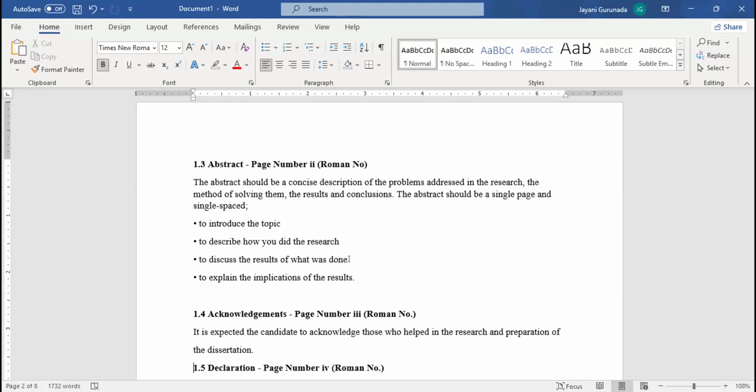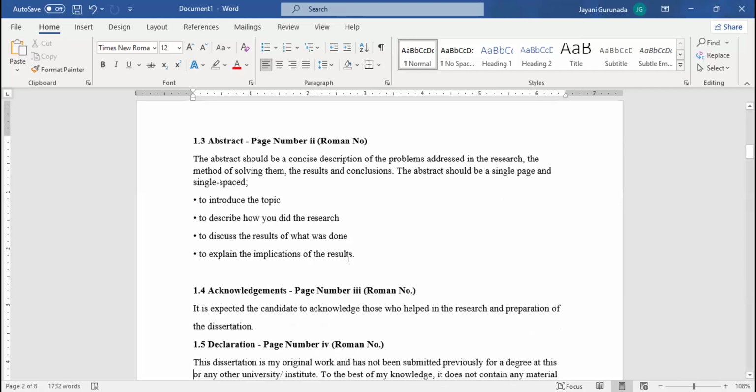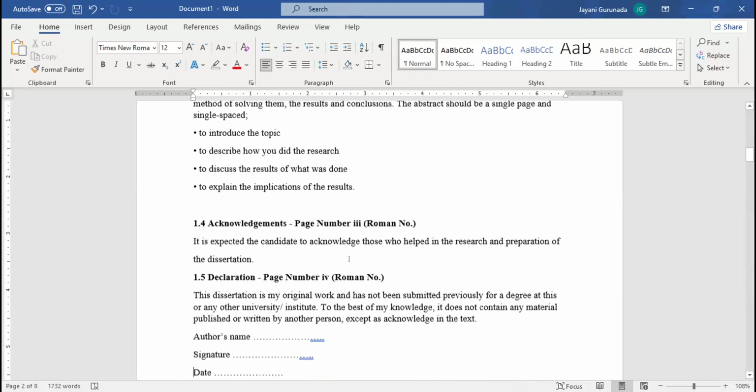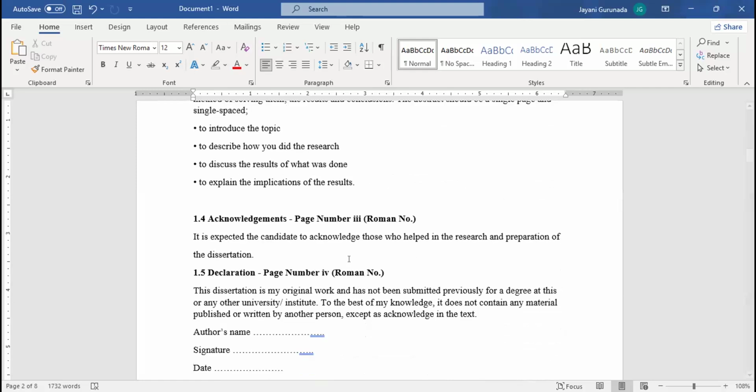So you have to introduce the topic, describe how you did the research, then discuss the results and explain the impact. What happened after doing the research, right? Right. Next one. Next page, 1.4, acknowledgement.